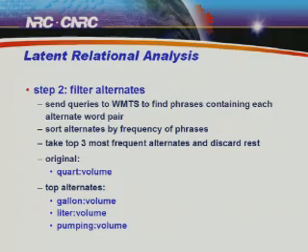So the next step is to do some filtering. And the way we filter these is just do a search in our corpus. And here we're using a terabyte of text that we got from the University of Waterloo. They crawled the web with a web crawler and gathered a terabyte of text, and they have a custom search engine for that terabyte. So I just search for quart near volume and see how many hits I get, gallon near volume.